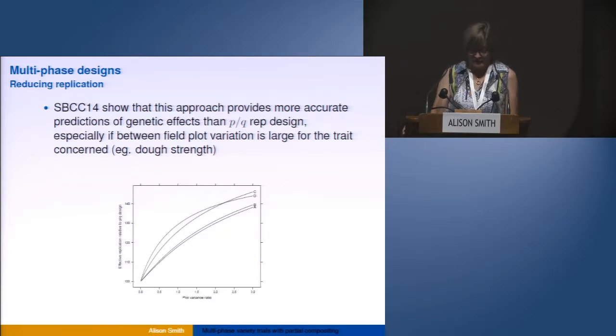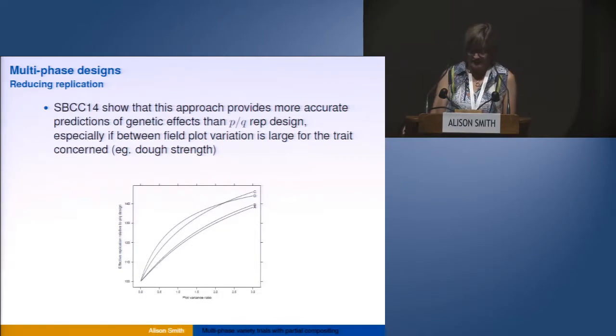And the graph that I've got up here shows on the x-axis the plot variance ratio, so plot variance relative to lab variance, and on the y-axis is effective replication for 4 different compositing strategies compared to a PQ replicate design.